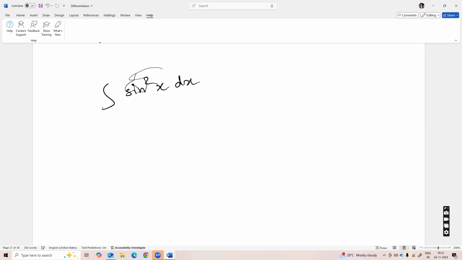But in yesterday's trigonometry class, we have seen the double angle formula: cos 2 theta is cos square theta minus sine square theta.